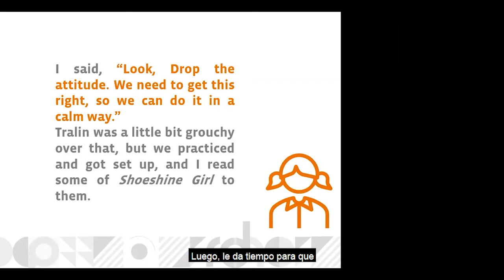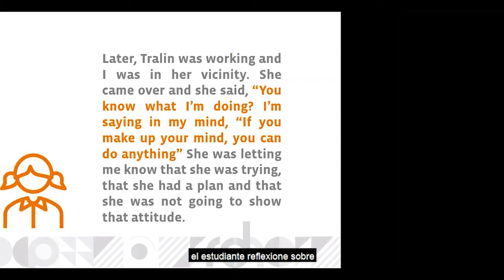And then she gives her the time to reflect about what happened, about her behavior. And I suppose that the reason why she used the story is to give her time also, some sort of an example of what could be done in a different way. At the end, the student gets her own conclusion about what was wrong.